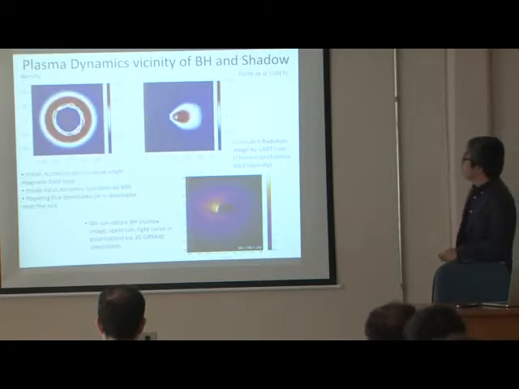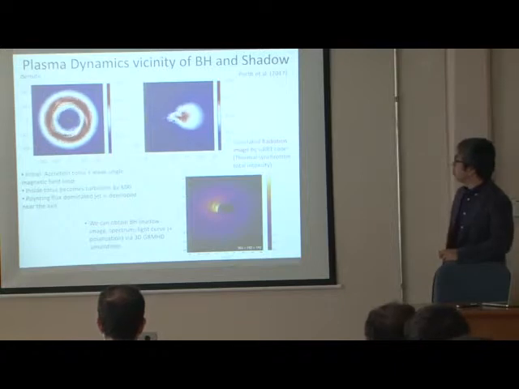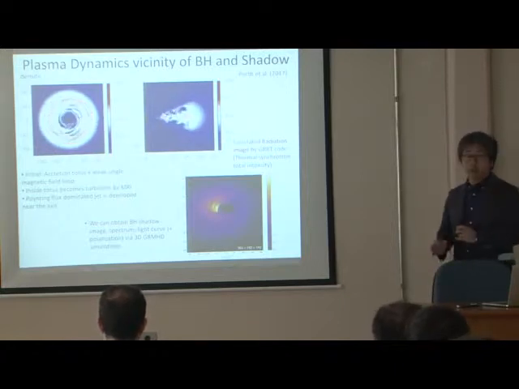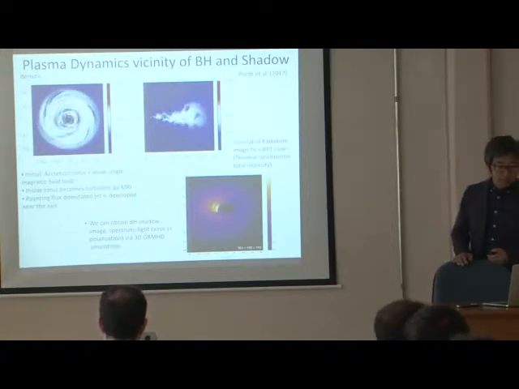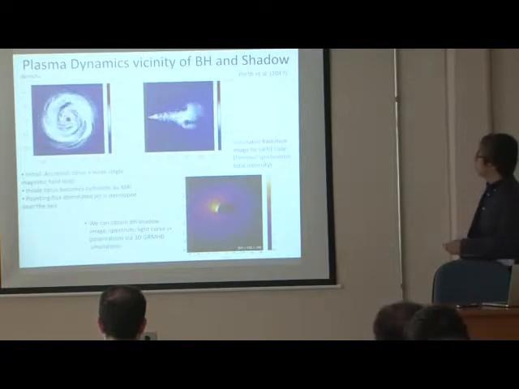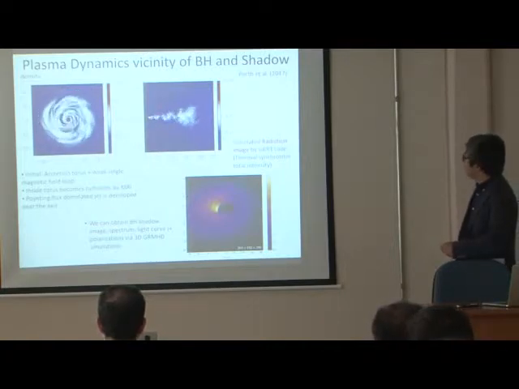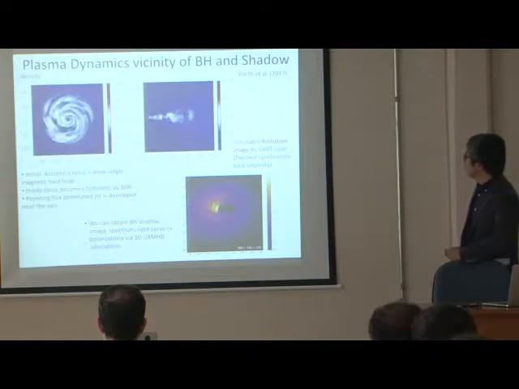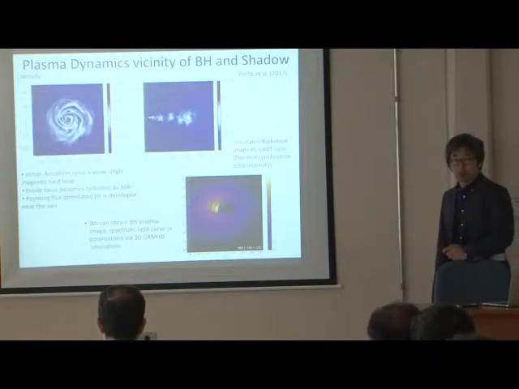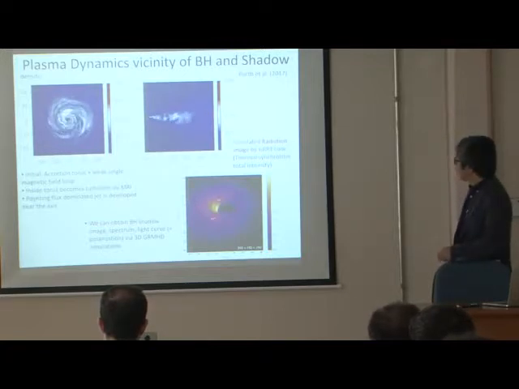Initially we assume an accretion torus with a weak single magnetic field loop. Inside the torus we count the turbulence from the MRI, and then a Poynting flux dominated jet is developed there. After that we can post-process to calculate the radiation image by using a general relativistic radiation transfer code. Then we can see this kind of shadow structure.